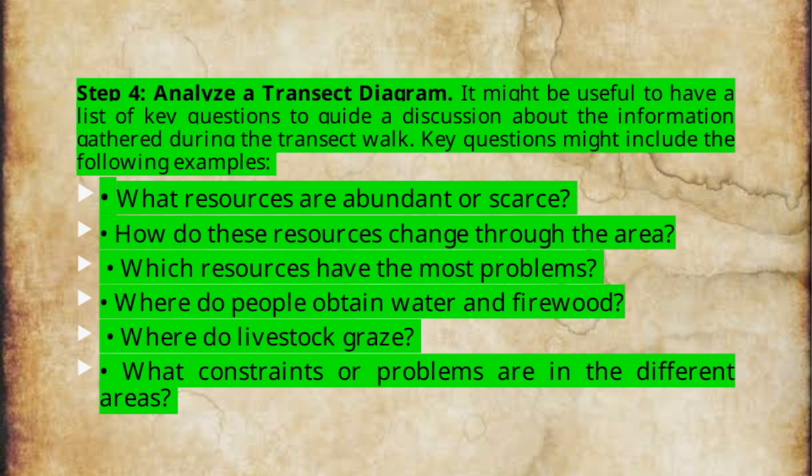Additionally, looking at where livestock graze helps us understand land use and potential pressures on the environment. Lastly, we should identify any constraints or problems present in different areas, like erosion, overgrazing, or other challenges, that might impact resource availability or land health. By asking these questions as we analyze the diagram, we can develop a clearer picture of the landscape and the interactions within it.